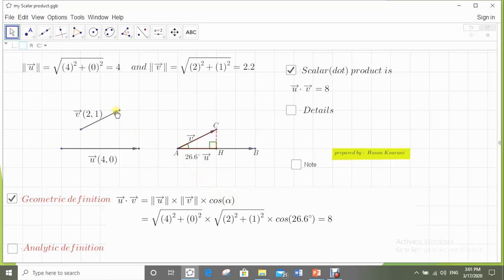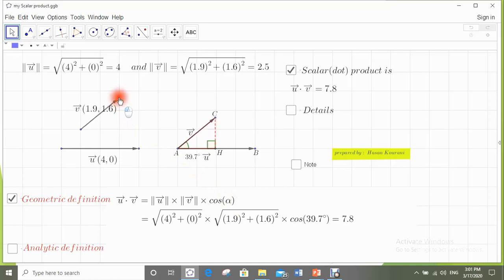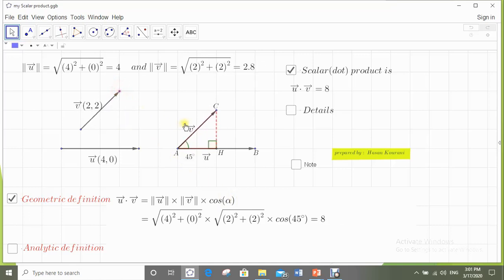In fact, yes, this is the geometric angle between u and v. As you see, I have translated u over and v, and we draw them at the same origin to get the geometric angle, as we said before in the previous video. So as you see, we have here a geometric angle of 45 degrees. If we multiply these numbers together using a calculator, you will get this number, which is u dot v.